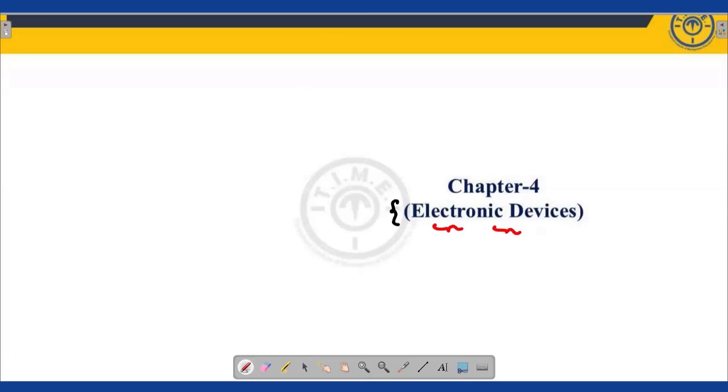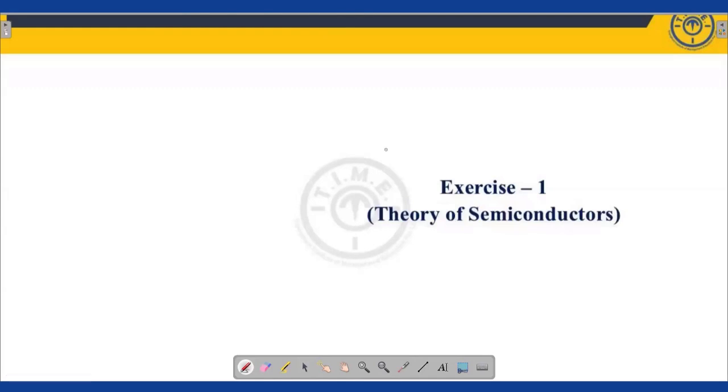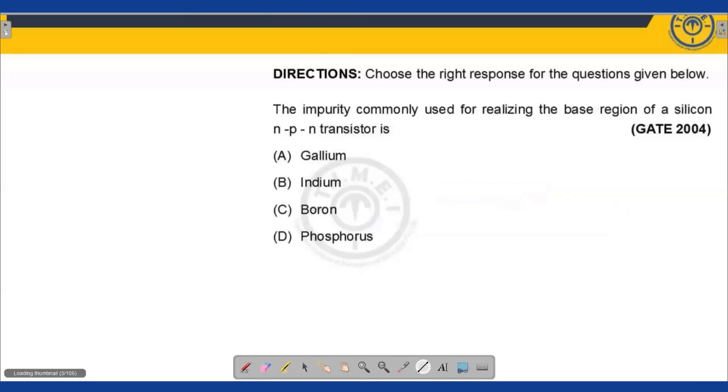In this one, I am going to cover the theory of semiconductors, or semiconductor diodes. Now I am going to solve the various important questions.